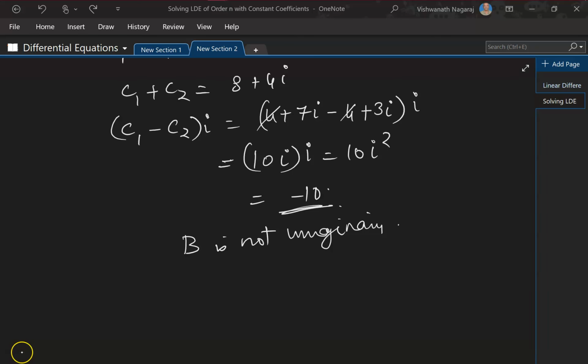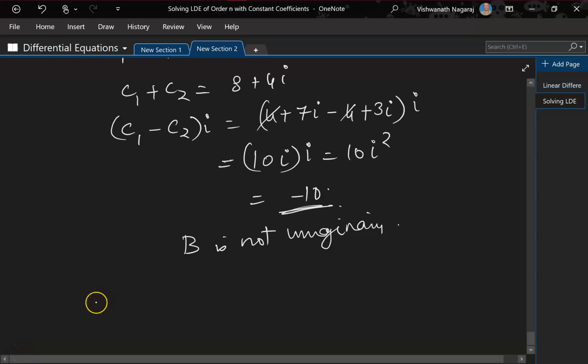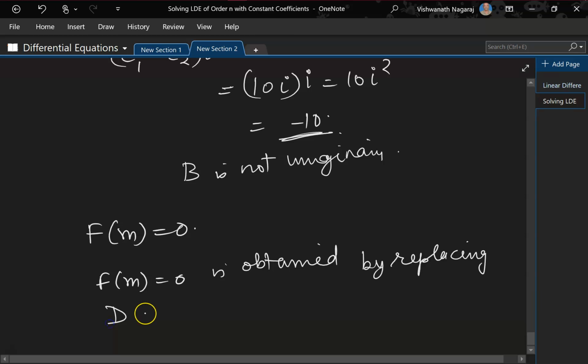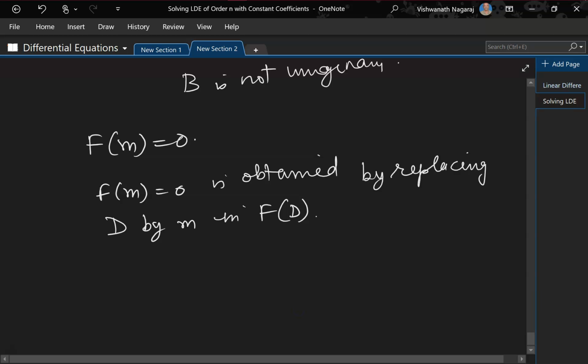Now here if you noticed, we have been working on f(m) equal to 0. Now how do we get this f(m)? f(m) equal to 0 is obtained by replacing D by m in f(D), and this is called the auxiliary equation.